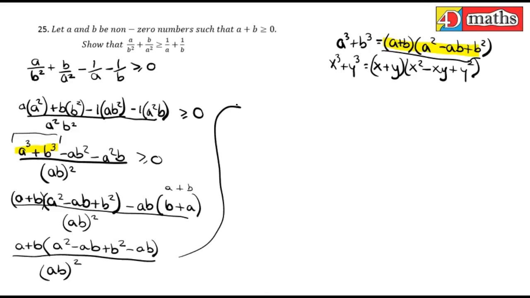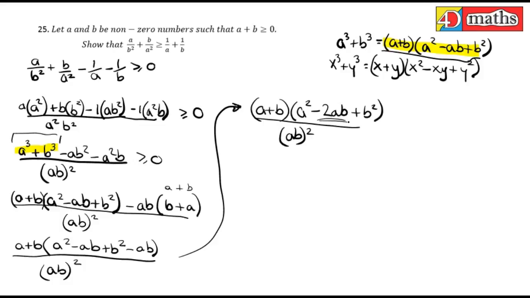So we'll continue the process over here, okay? So we have a plus b. Now, adding those bits together, you get a squared minus 2ab plus b squared, all over a squared b squared. Now, looking at this, this is rough work here again.